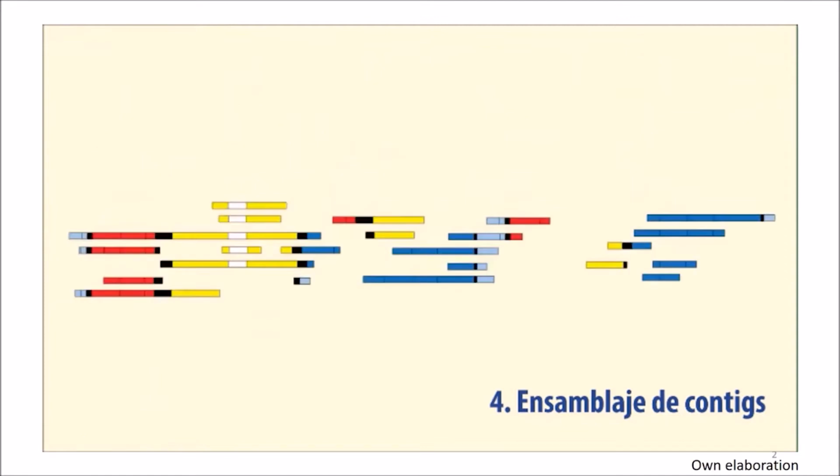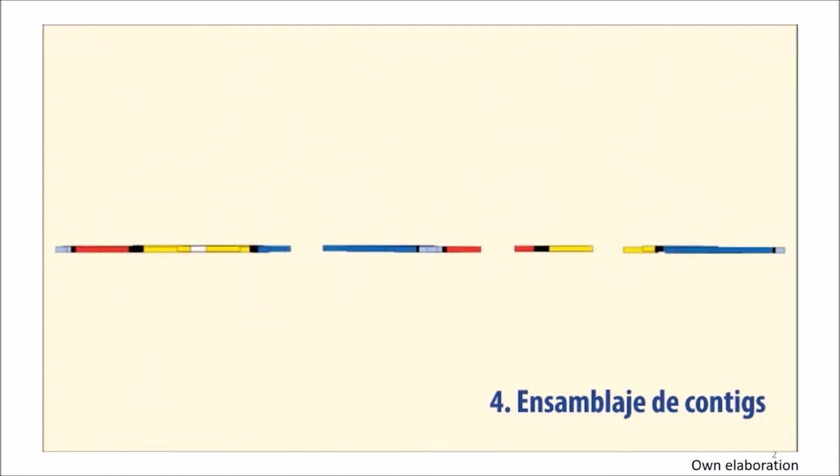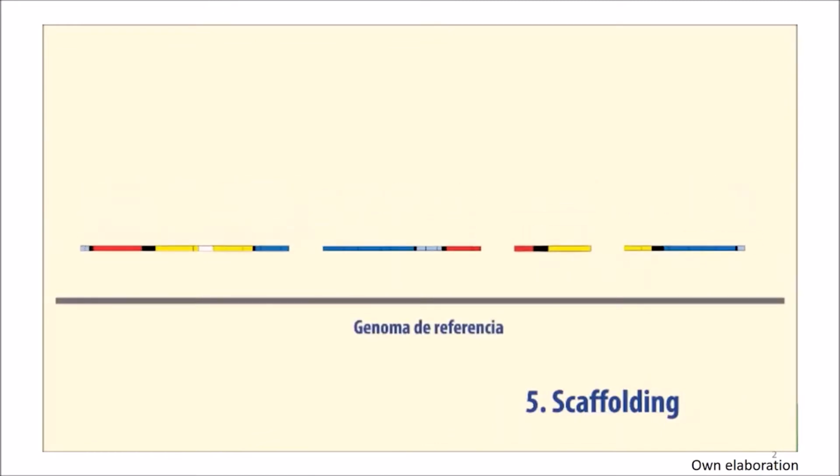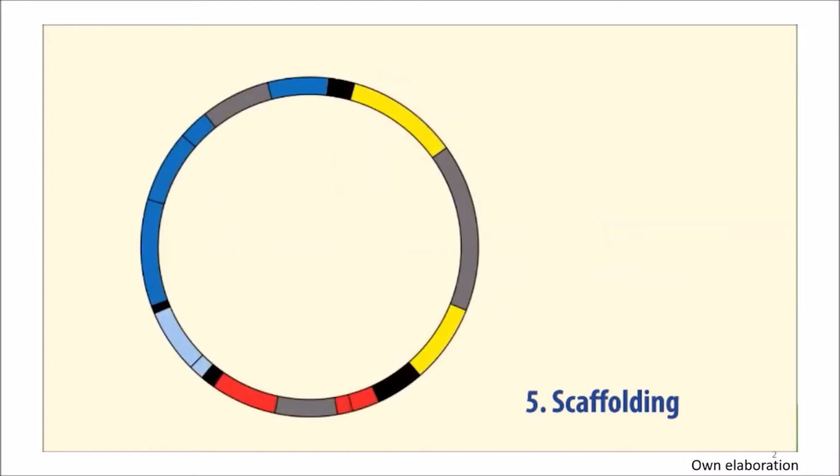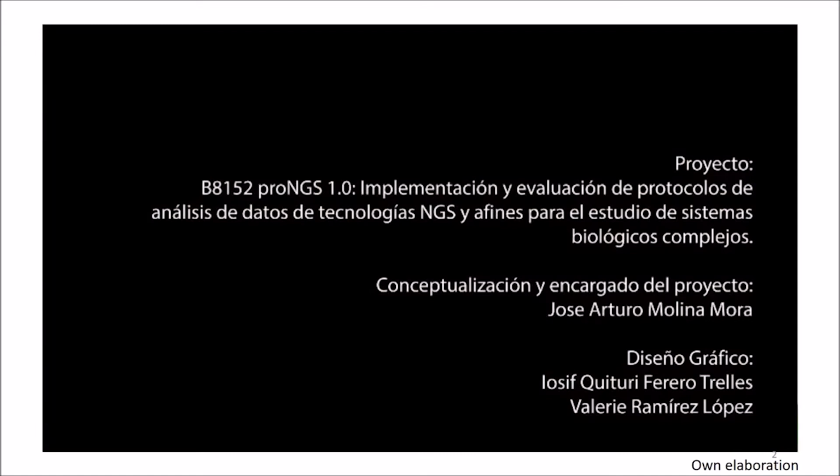And then we try to assemble the contigs using the overlap between the sequences, and if necessary, we can have a scaffolding step in which we use a reference genome. And in a perfect world, we can obtain the expected sequence.